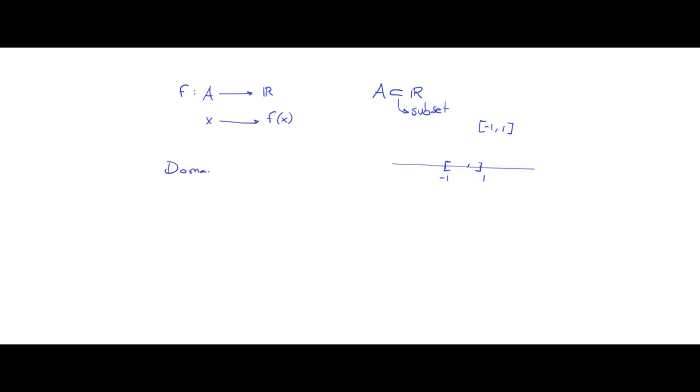The domain of f is this A, so it's the set of possible values to use as input for f.